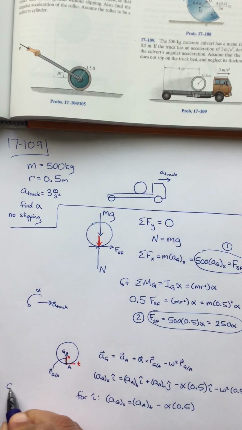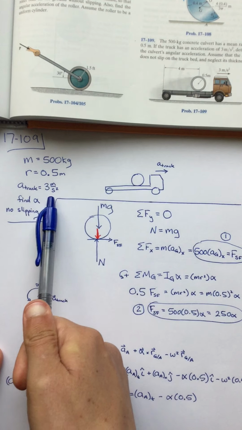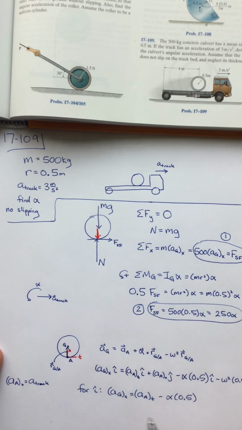So let's say the tangential component of the acceleration of point A is the acceleration of the truck. So that would be 3 meters per second squared, and that's going in the positive x direction. So this is 3 minus the angular acceleration times 0.5.